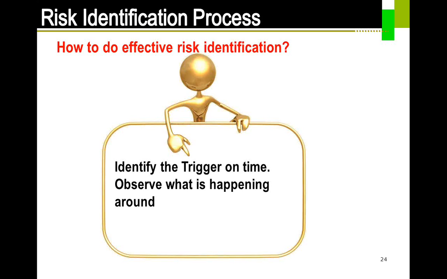Suddenly in the 16th week there is a schedule slippage. You were supposed to deliver on that Monday, but you slipped by 3-4 days. That's a trigger which says that, yes, project manager, there is something going wrong. You really need to look at what is happening.